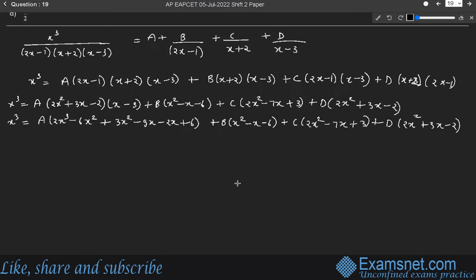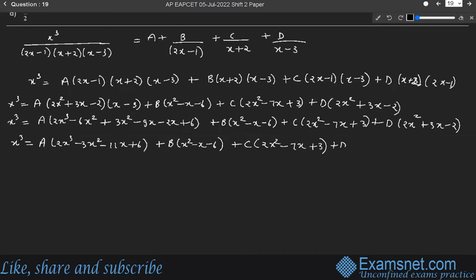Now, on multiplying it, x cube is equal to a into (2x cube minus 3x square minus 11x plus 6) plus b into (x square minus x minus 6) plus c into (2x square minus 7x plus 3) plus d into (2x square plus 3x minus 2).